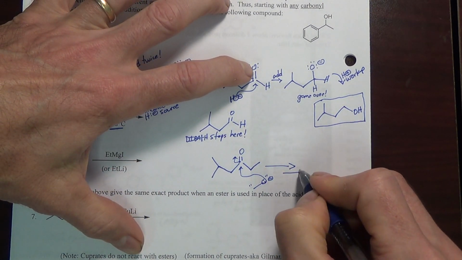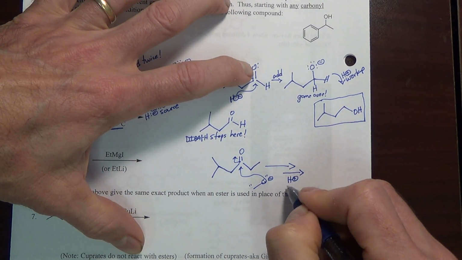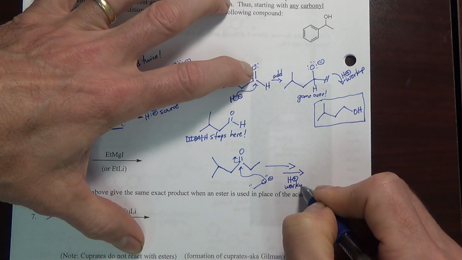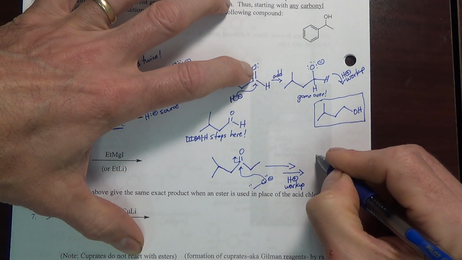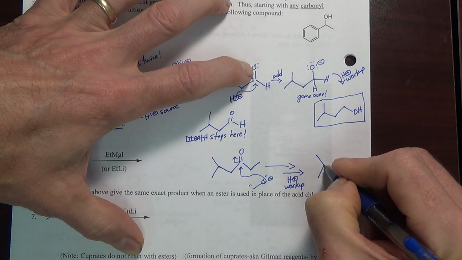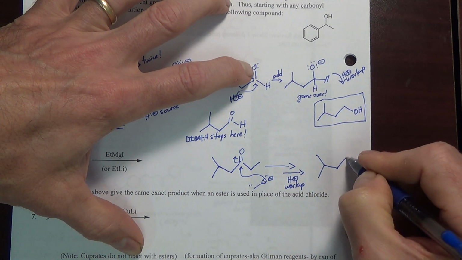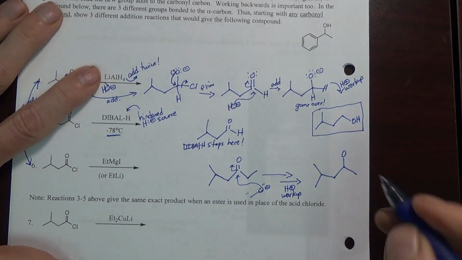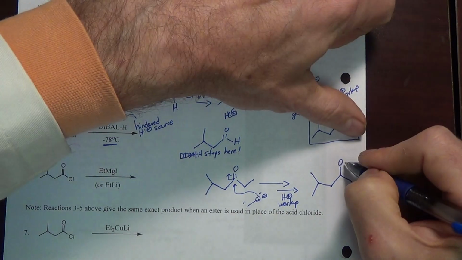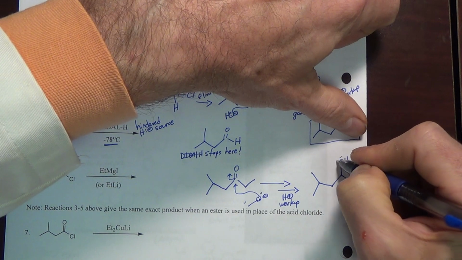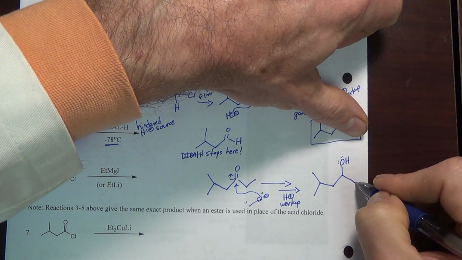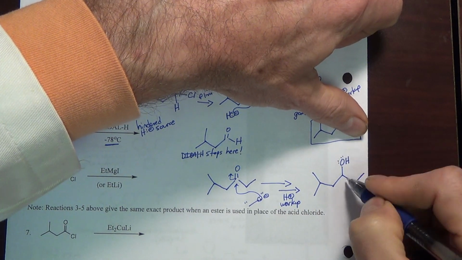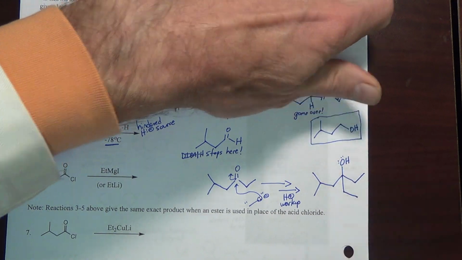all right, and I'm going to go ahead and show the H plus workup just to save room. We would get, before workup this would be minus, but with workup I'm going to protonate it, it becomes neutral. Hold on now, that's an ethyl, but we would have another ethyl here, right?